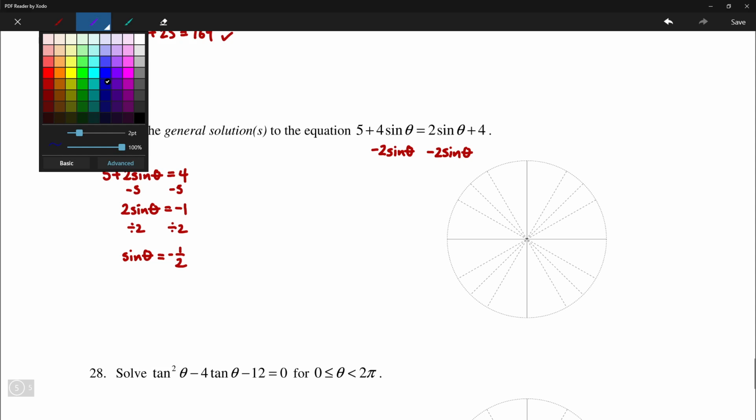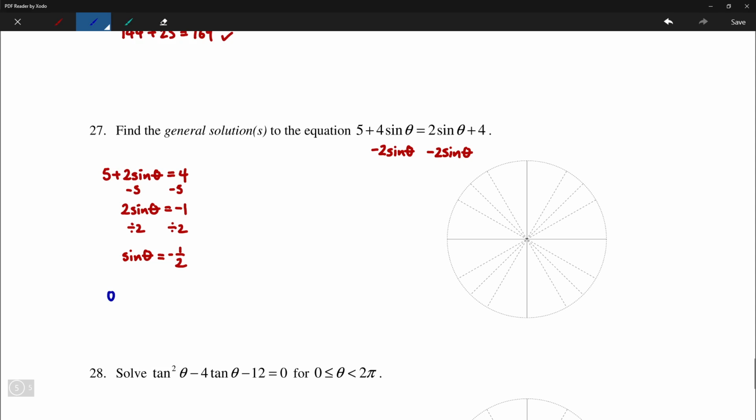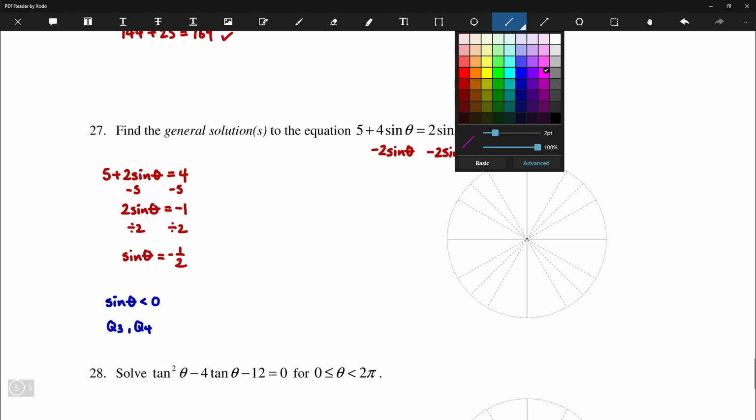So from there, we know that sine theta is less than 0, which means we are in quadrants 3 and 4. Okay, and of course, negative 1/2 is a special triangle value, so let's go ahead and draw the special triangle here.